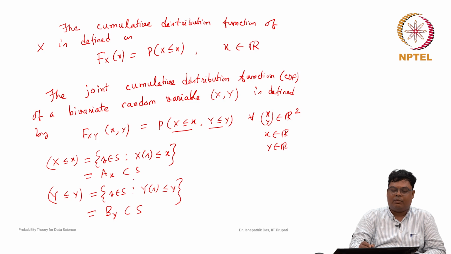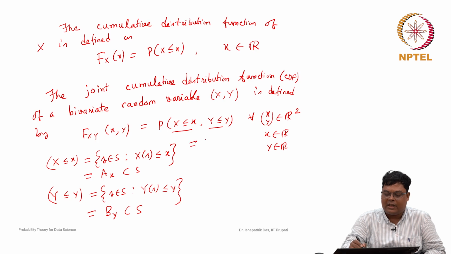We assume that because X is a random variable, that means it is a measurable function, so it will be in the sigma field. Similarly B_y is also a subset of S and will be in the sigma field, because Y is also a measurable function. Then A_x intersection B_y will also be inside the sigma field.